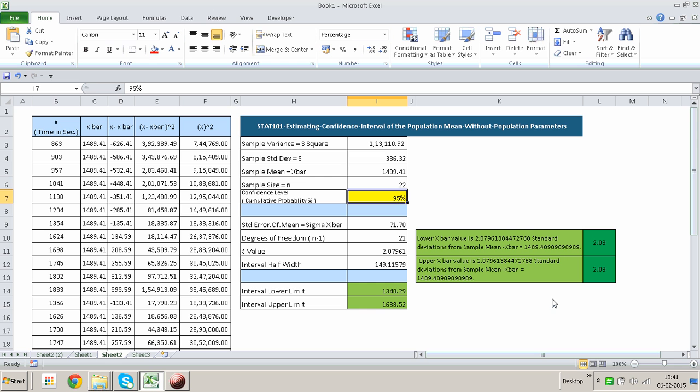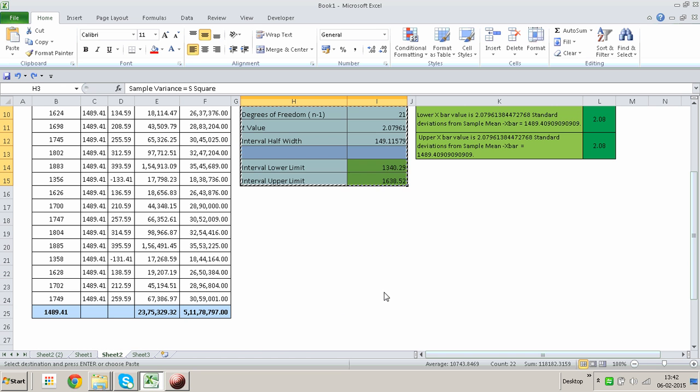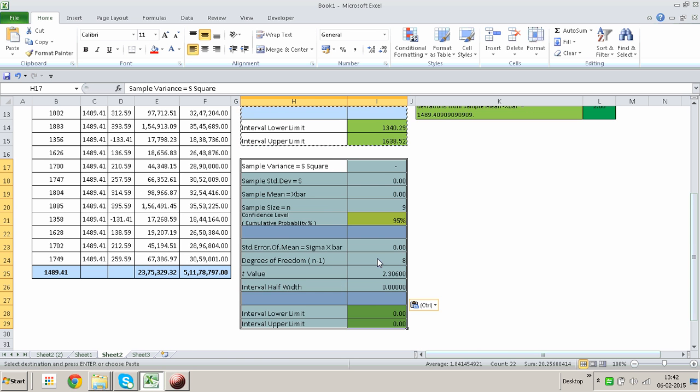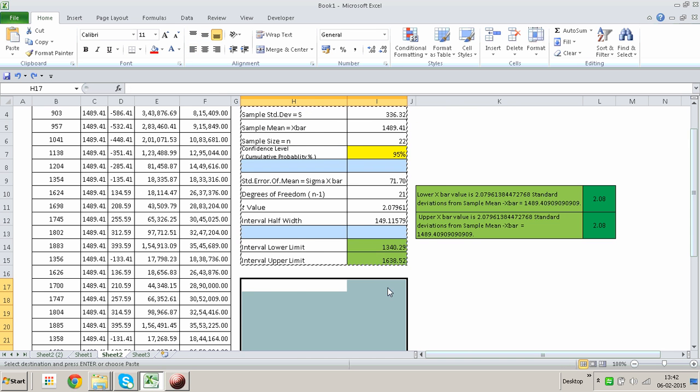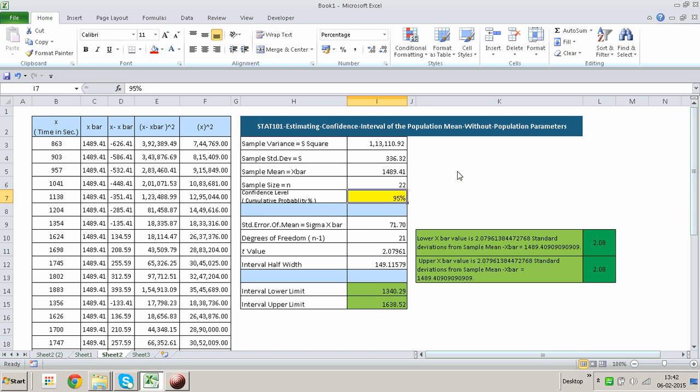Now we can play around with this and have a look. What will 90% look like? Less number of standard deviations, 1.72, and the lower limit. Okay, let me just do a quick, that'll take too much time.